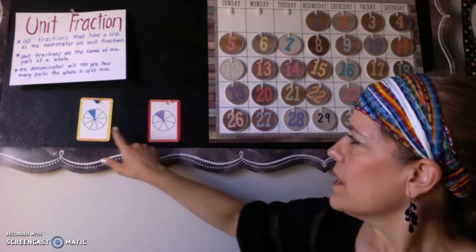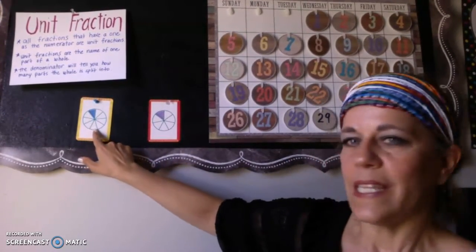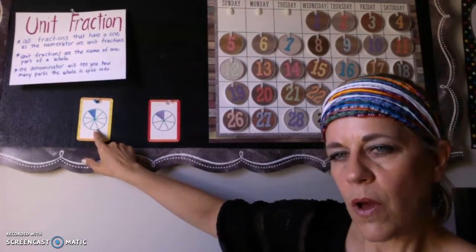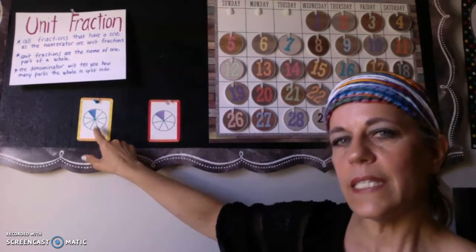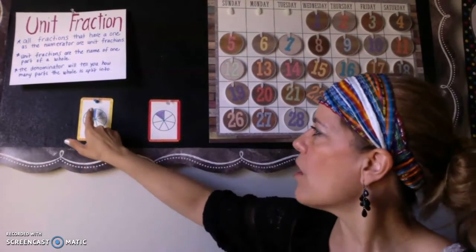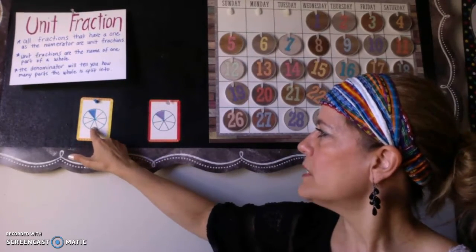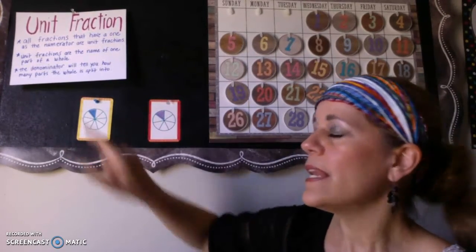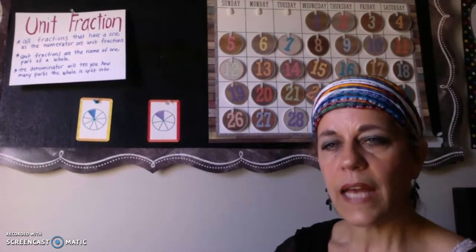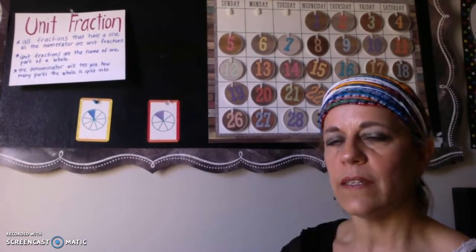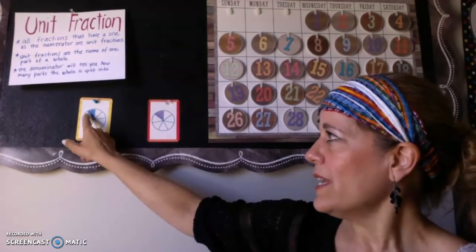This one looks like it's divided into smaller pieces. Let's count and see how many pieces there are. 1, 2, 3, 4, 5, 6, 7, 8, 9 pieces. Has more pieces to it. 1/9.